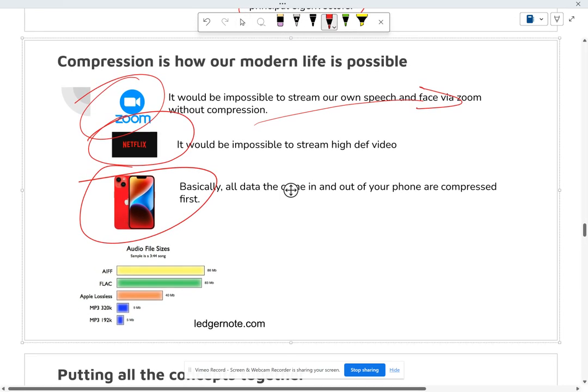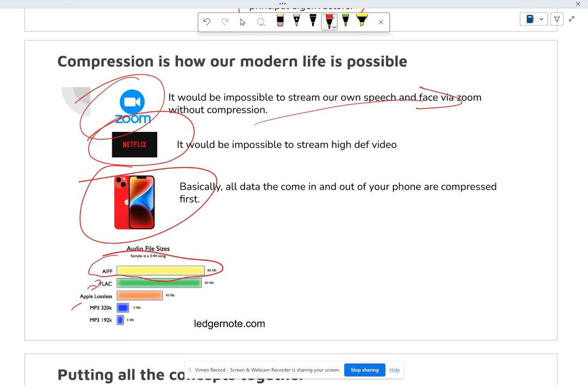And for example, MP3s, right? If you have some data, you can compress it multiple ways. But if you compress an MP3, look at the difference. This is 86 megabytes, and then this is 5 megabytes. So when you're sending files across the internet, you don't want to send this, right?